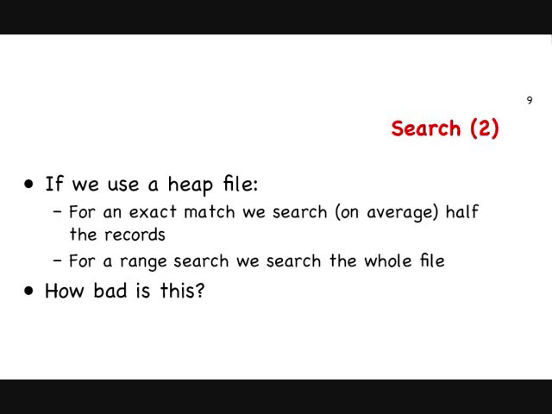Some days we get lucky, other days we're unlucky. So on average, half. If we've got a range search, we know there's more than one thing we're going to retrieve. We've got no idea where they are, so the only thing we can do is to read from beginning to end.